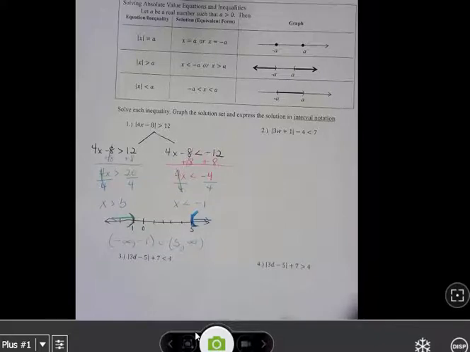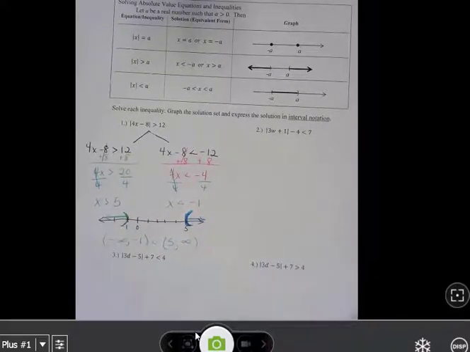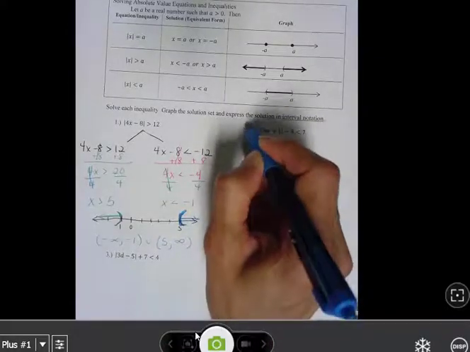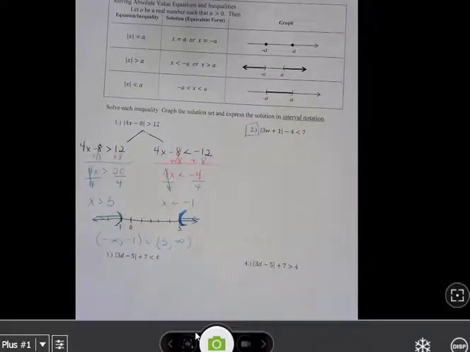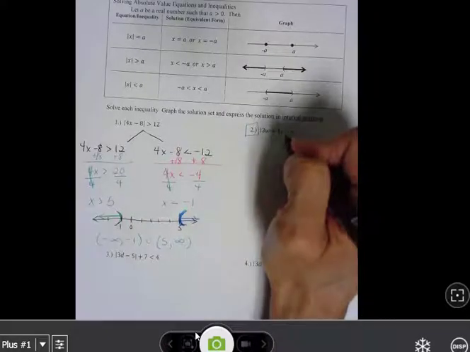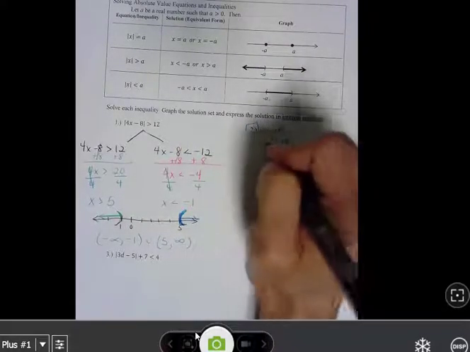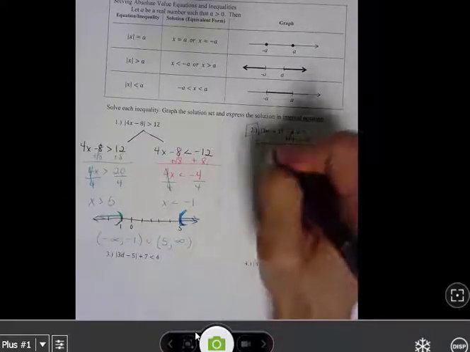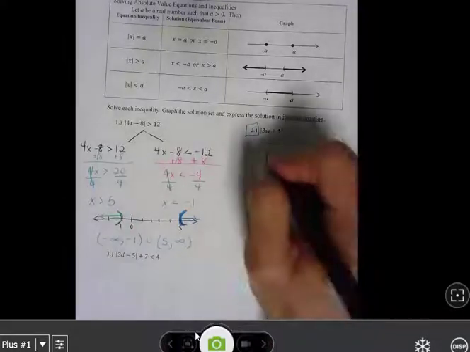I'd like you to go ahead and pause the video and try number 2. I will offer the first hint, which is to make sure that you isolate the absolute value, just like we did when we were solving the equations yesterday and the day before in class.